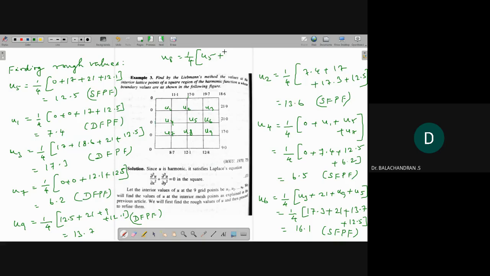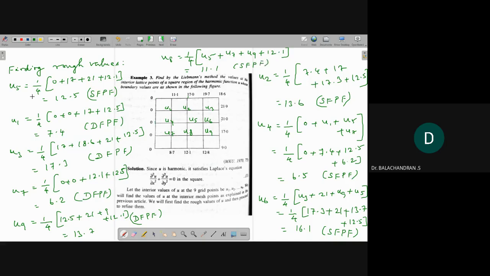So substitute the values of U5, U7, U9 and tell the final answer. 11.1 is correct. This is a standard 5-point formula.